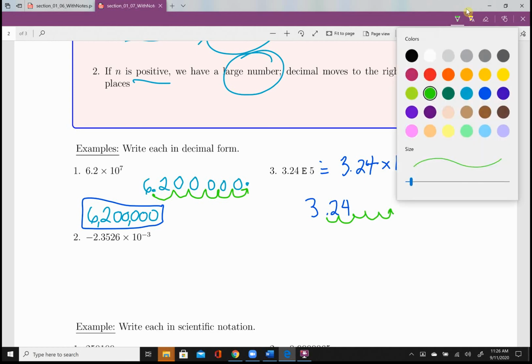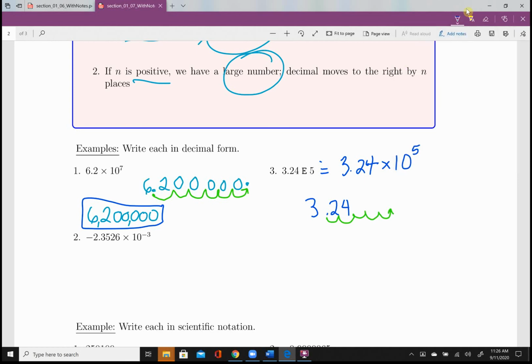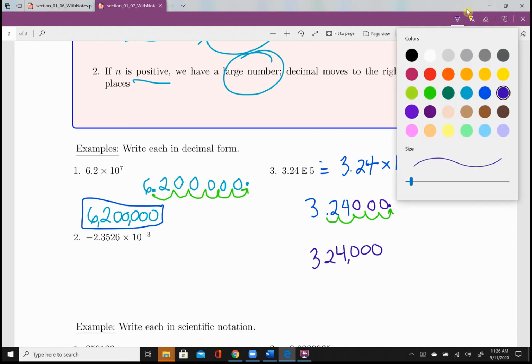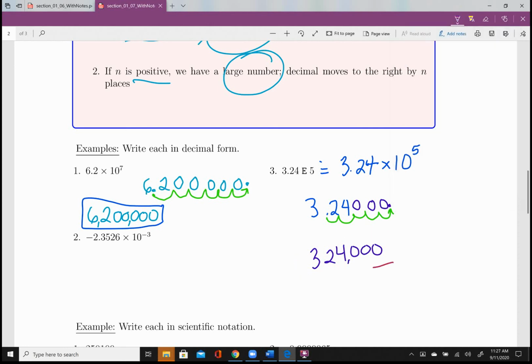Okay, so here's the location of the decimal place now, and I need to put 3 eggs in the carton, and so the converted value is 324,000. Put a comma right there, and you're set. You are done. I'll go ahead and box that up like this.